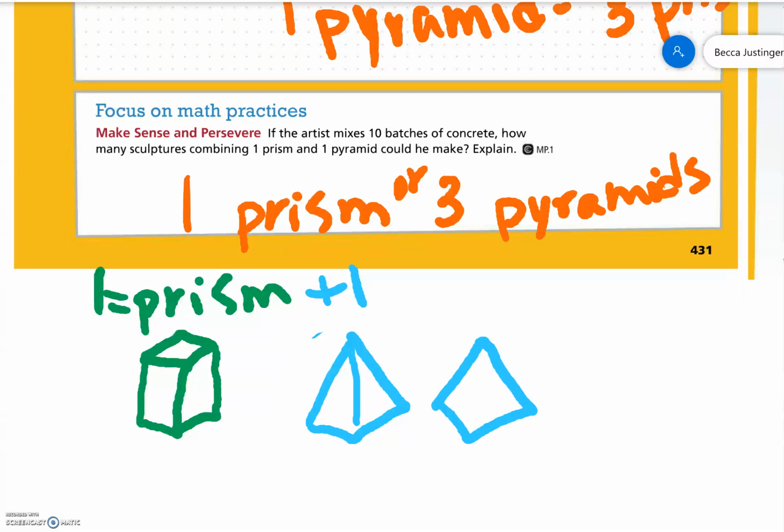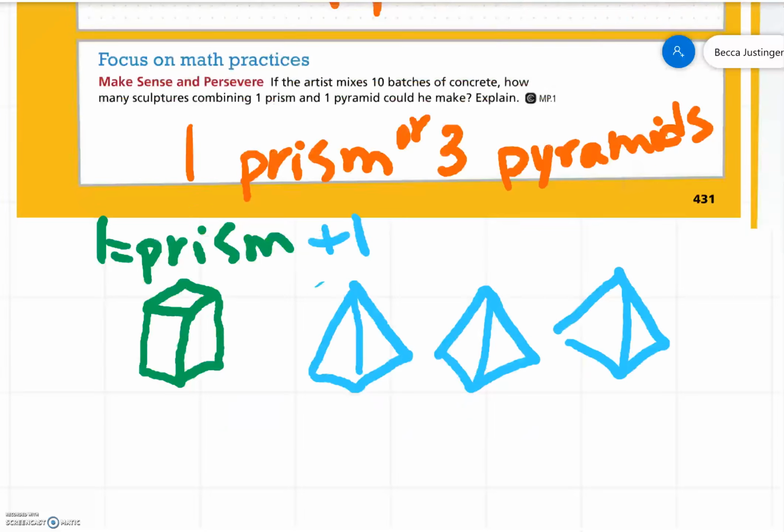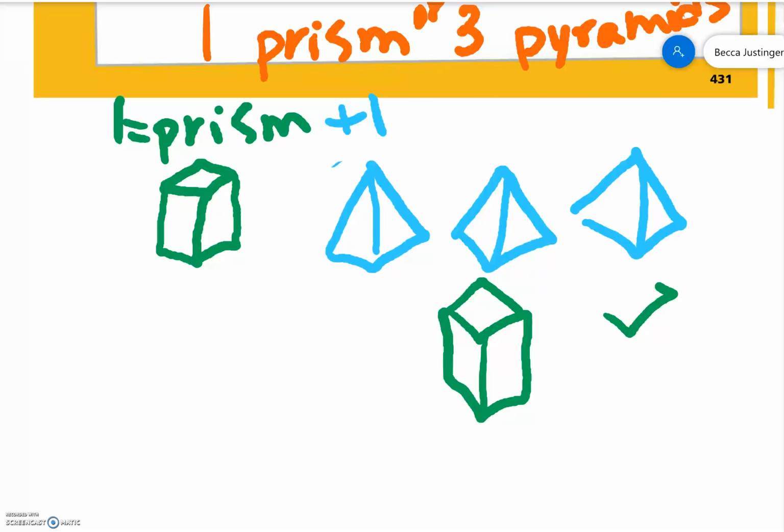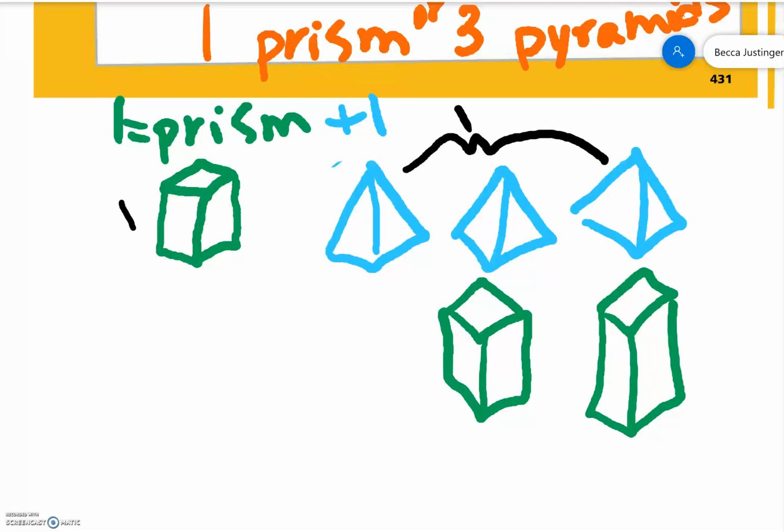One, 2, 3. So now I've used 2 batches, but I want to make some prisms to line up with those. Now I've used, this is a batch, this is a batch, this is a batch, this is a batch.